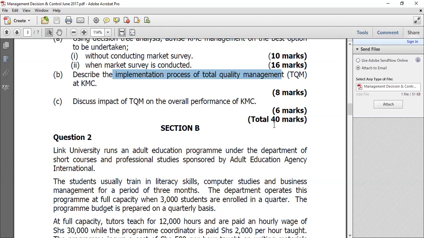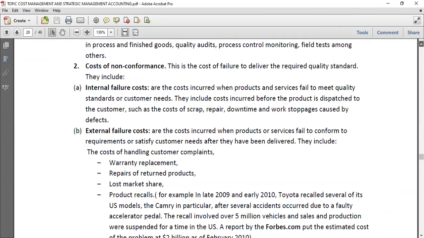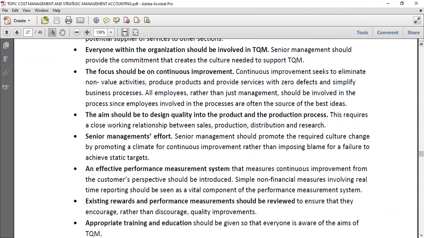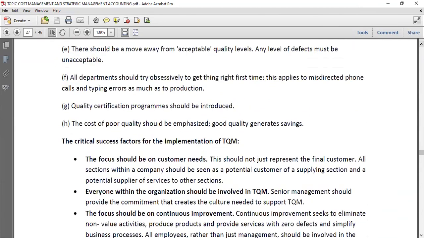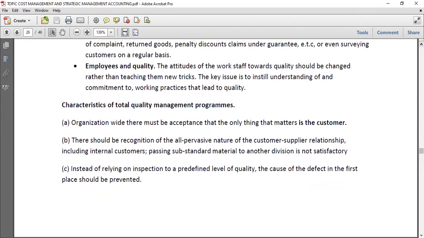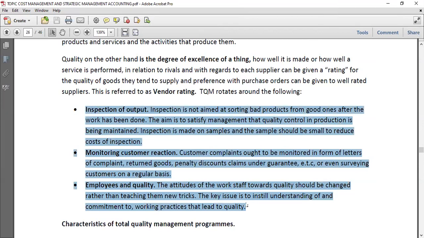Even the ICAN book does not have the process. So you can go ahead and explain what it might entail. As you can see, we had different components, and we also had respective costs and so on. You may not get the process on its own, but you can bring up even the critical success factors, and what is needed. The X-sticks right there, and then these respective things.